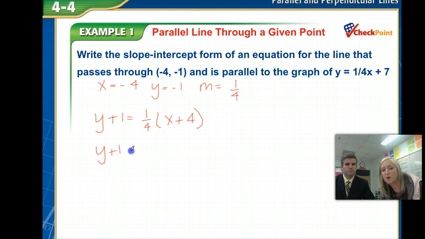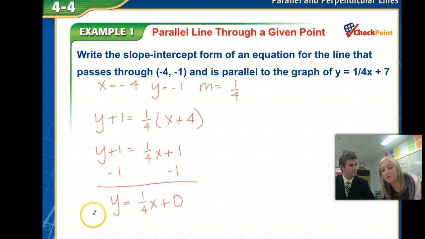So it's y plus 1 equals 1/4 x, and then 1/4 of 4 is 1. My last step is to subtract the 1 from both sides, and I get y equals 1/4 x plus 0. Or we don't need the 0. If you want to add it, you can. Otherwise, you don't have to. The y-intercept would be 0.